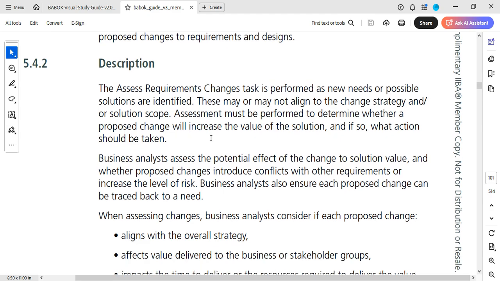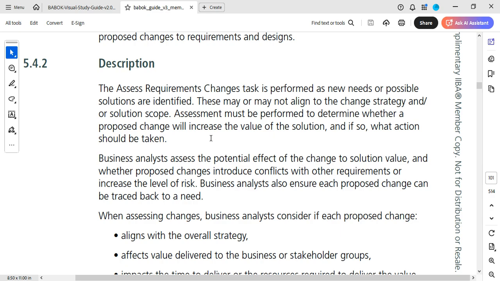The description: the assess requirement change task is performed as new needs or possible solutions are identified. As you're going on, your stakeholders are coming up with new needs or possible ways to help what we are doing, or possible solutions.